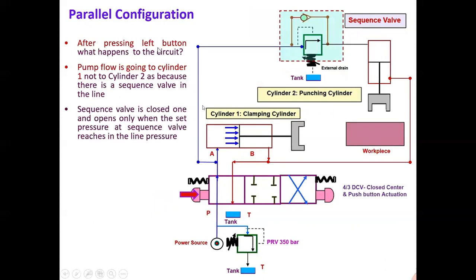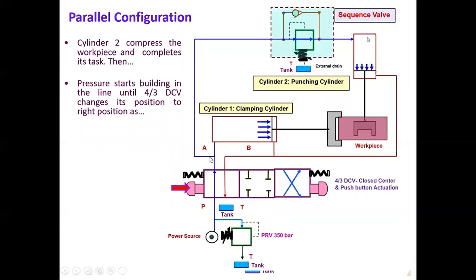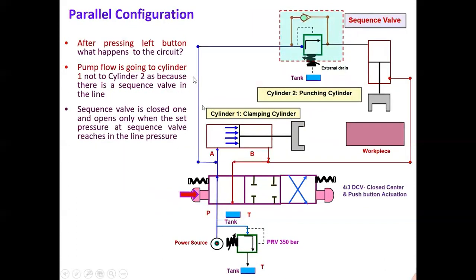See, after pressing the ref button, what happened to the circuit? See, this is after pressing the ref button. This oil goes to the P to A like that in this direction. Parallel configuration, P to A like that.